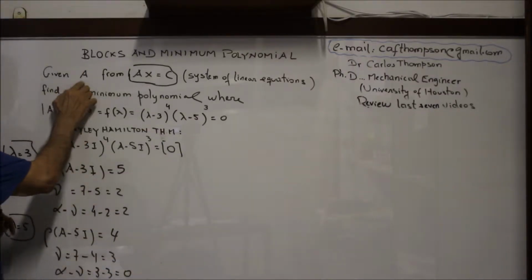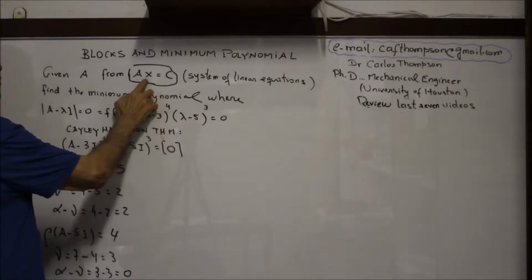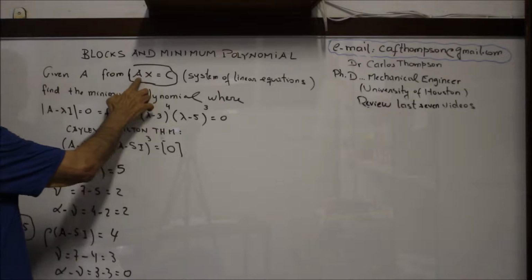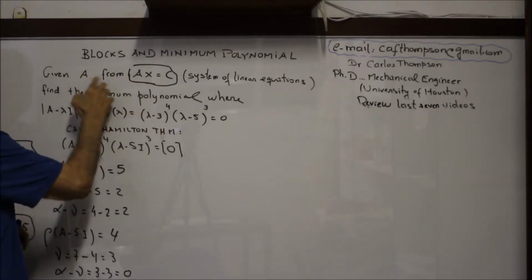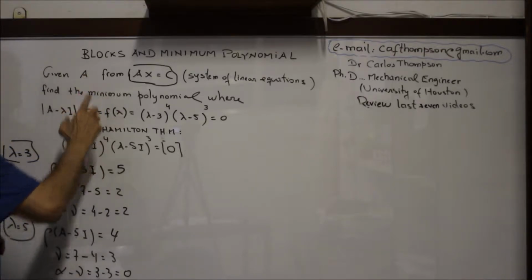Given a matrix A, attention, this comes from a system of linear equations. Don't forget, every time I'm worried about A, I have to know where this A came from.